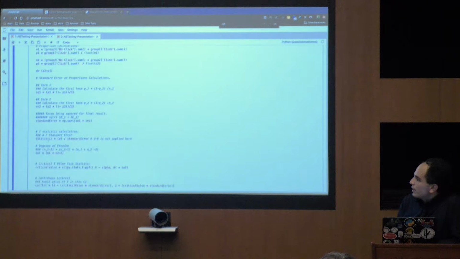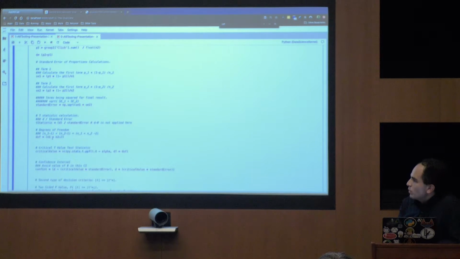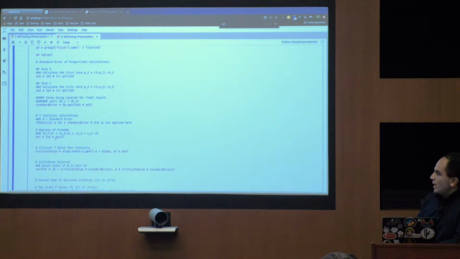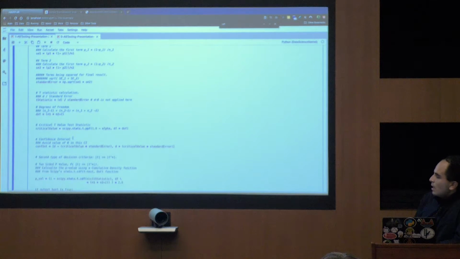And here we calculate the test statistic, which is that difference mentioned earlier divided by the standard error. And then here we have our degrees of freedom, which is the total number of observations in the first campaign plus the second campaign minus 2. That's equivalent to n1 minus 1 plus n2 minus 1, the sum of those.